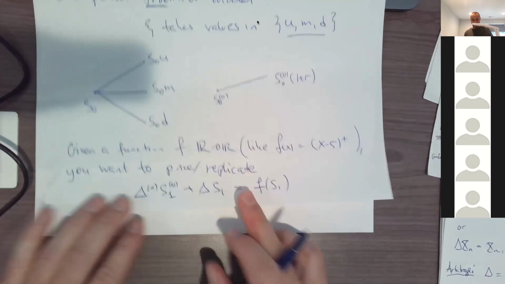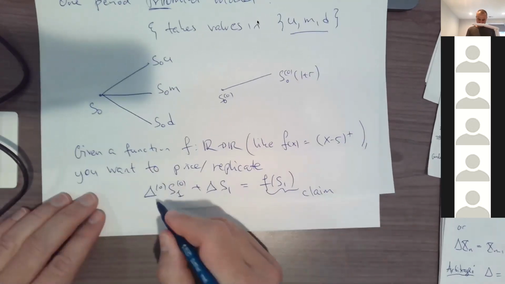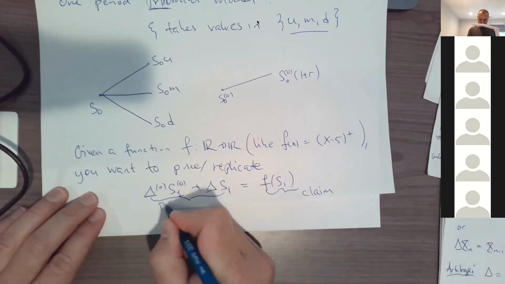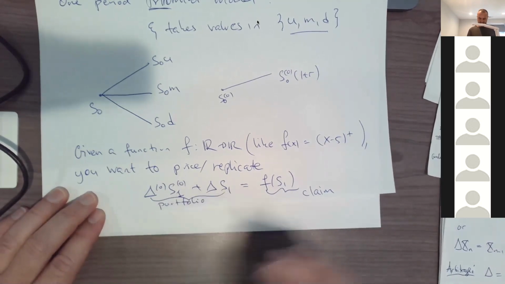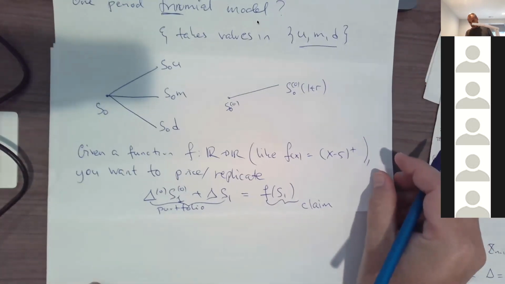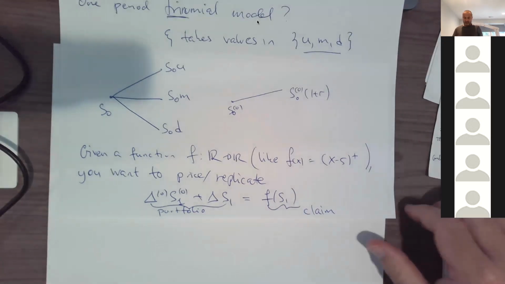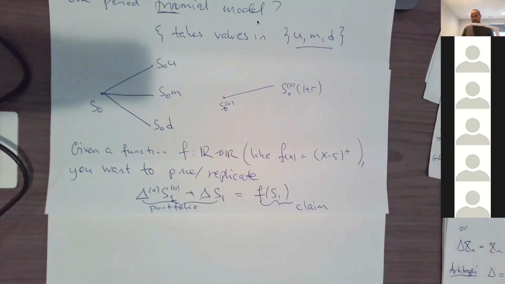On the left-hand side, this here is the claim. And this here, this is the portfolio. So that's very similar to what we had before. What's the big difference between what we have now and what we had before?